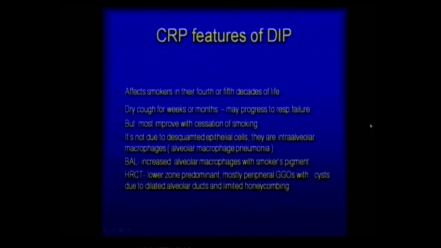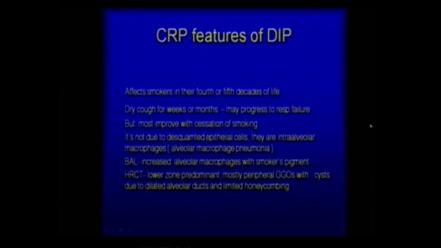And these people have dry coughs for weeks or months, and most of them do improve with cessation of smoking here too, even though they can progress to respiratory failure. And that is why a newer term alveolar macrophage pneumonia is sometimes suggested, because nothing is being desquamated even though the word DIP is still remaining. They are actually intra-alveolar macrophages, and bronchoalveolar lavage might show increased macrophages with smoker's pigment.